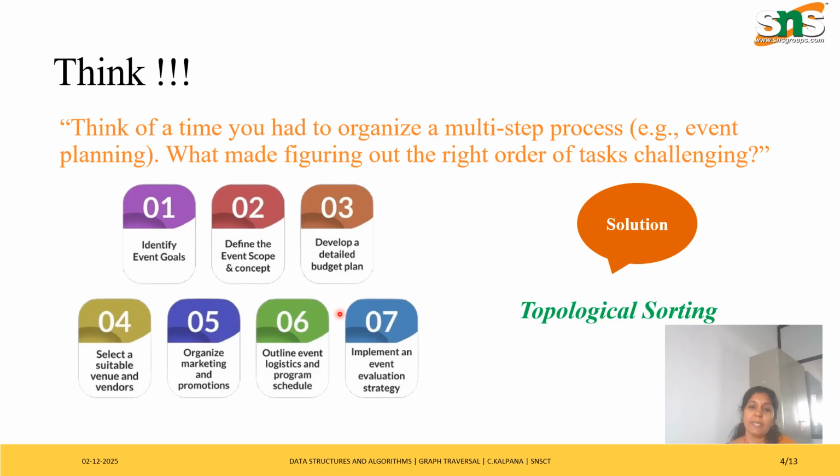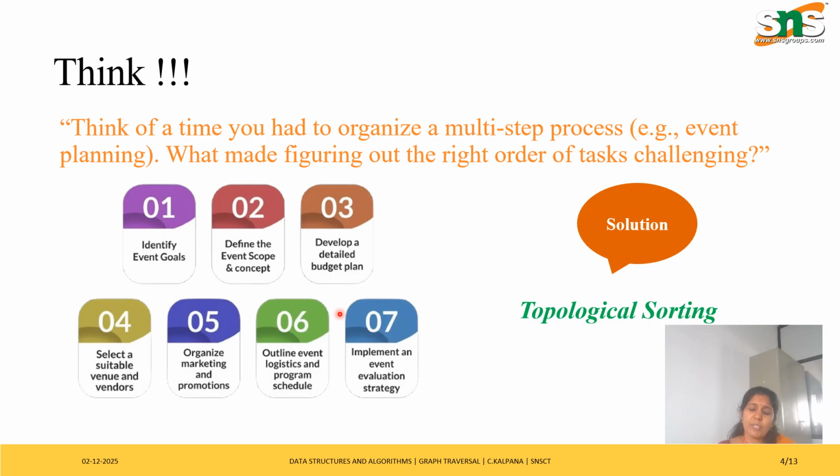These are the list of steps we need to carry out to conduct an event, starting from the aim, scope, scheduling, and the planning, which means allocating the venues and deciding the dates. So these are the steps to conduct a particular event.